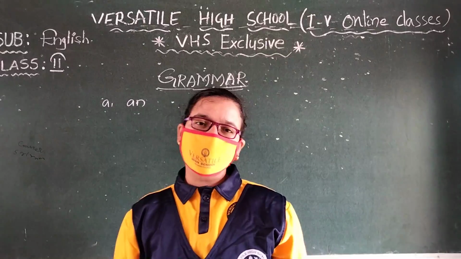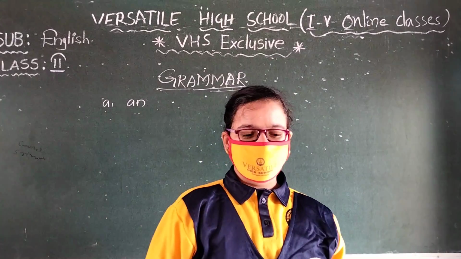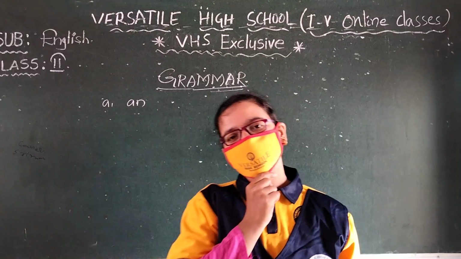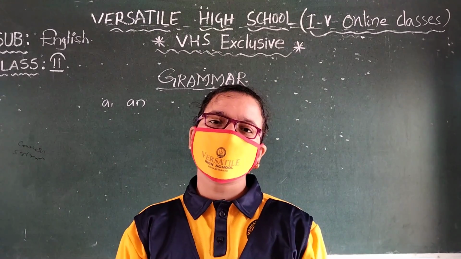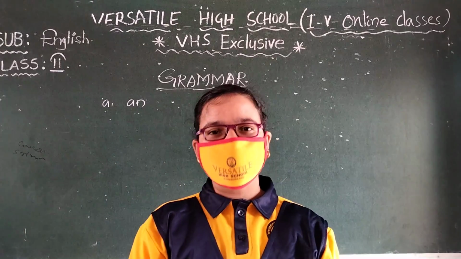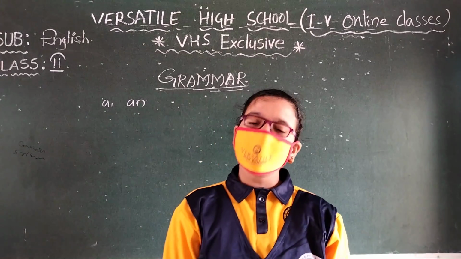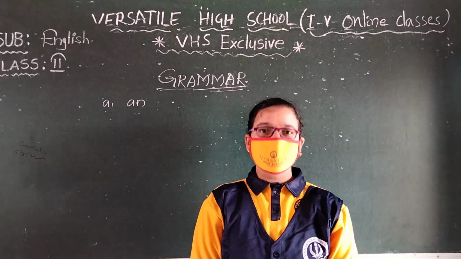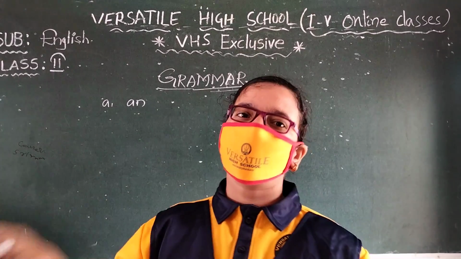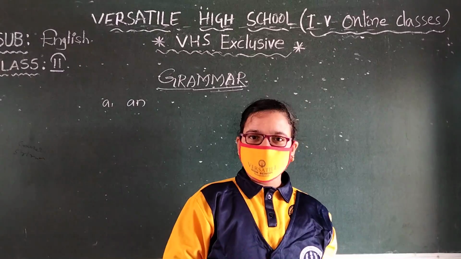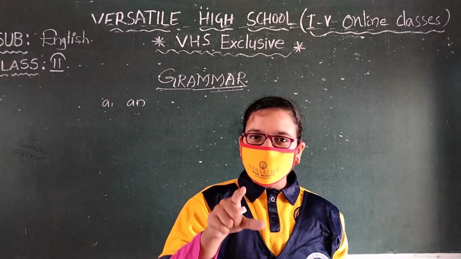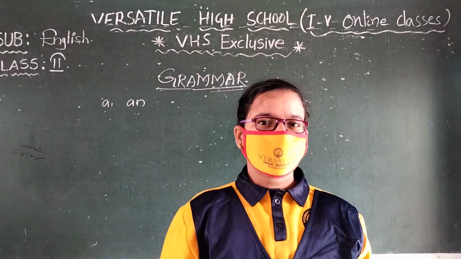Okay, all of you listen to me carefully. Children, you know the alphabets? How many alphabets? Totally 26 alphabets. These 26 alphabets are divided into vowels and consonants.